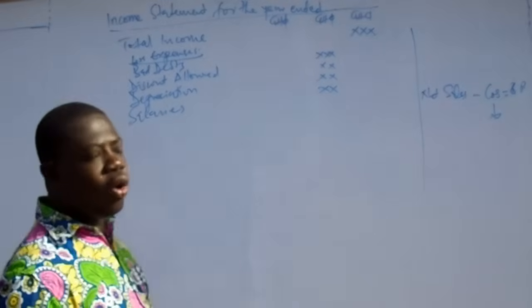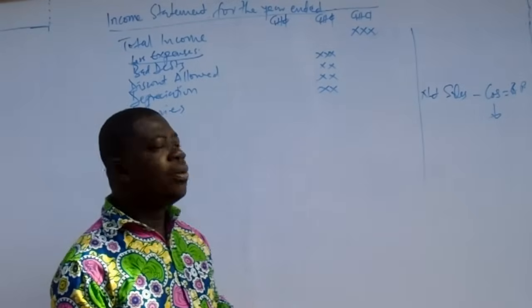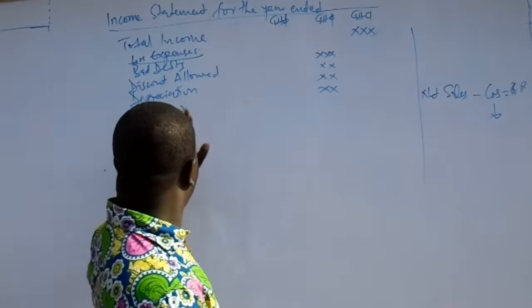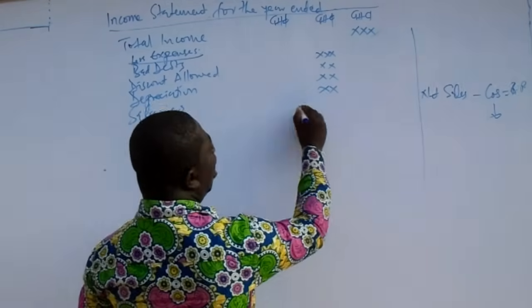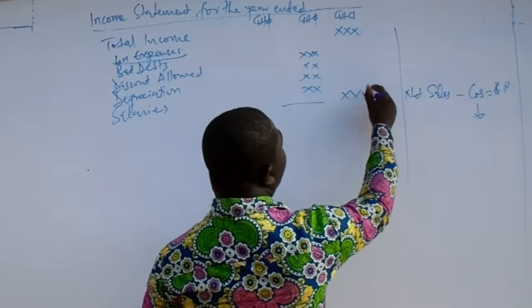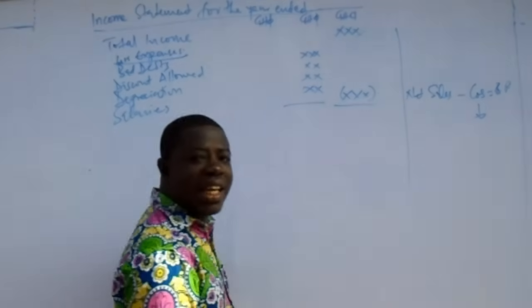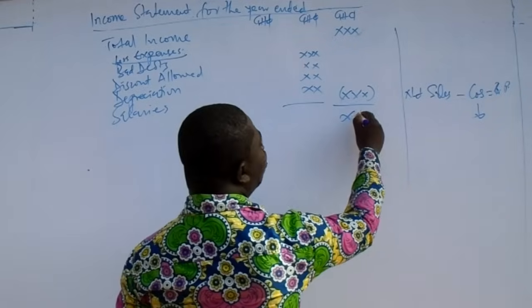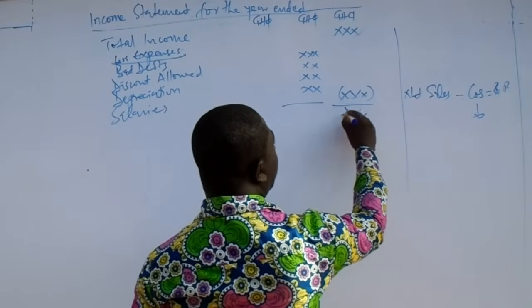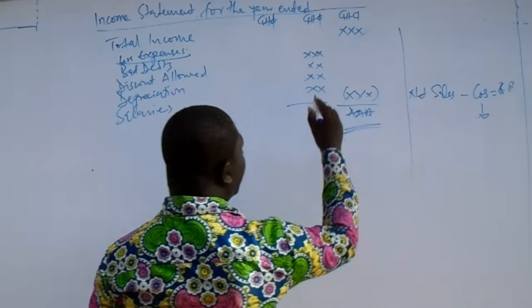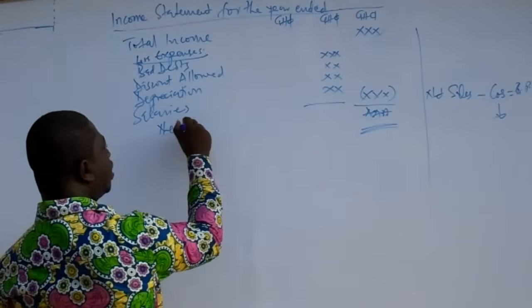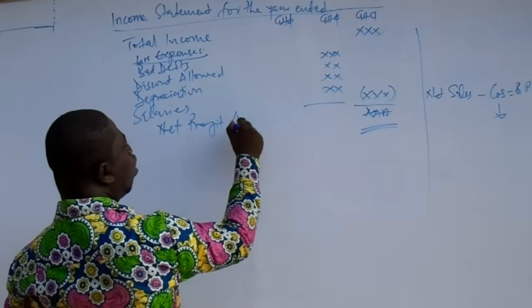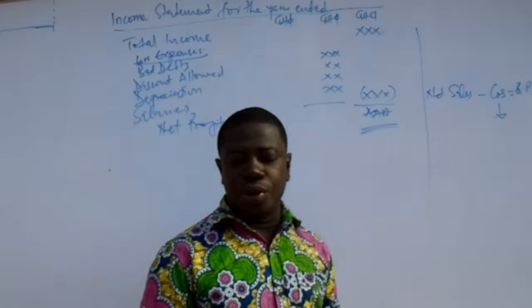And then there are a whole lot of expenses that we are going to meet. Let's assume that these are the four expenses that we incurred as a business. We add them up, and then we bring the total here to match against the total income. Once we subtract our total expenses from the total income, we have our net profit or loss for the period.